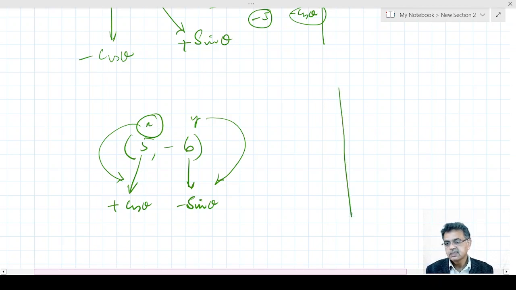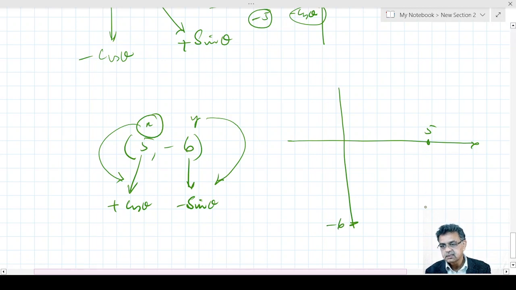Now let's see whether it is the same way or not. This is 5 and minus 6, which means downwards, minus 6, and this is the point 5, minus 6, and if we join it to the origin, then this angle is theta.